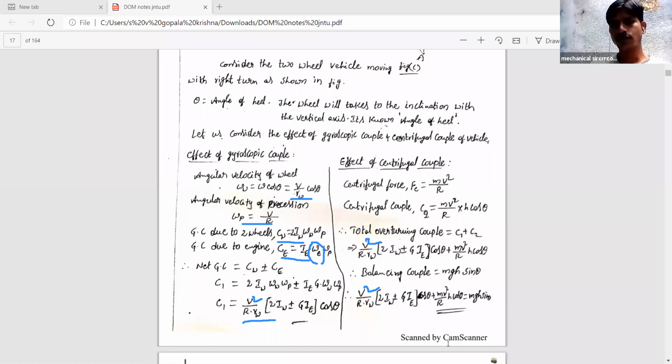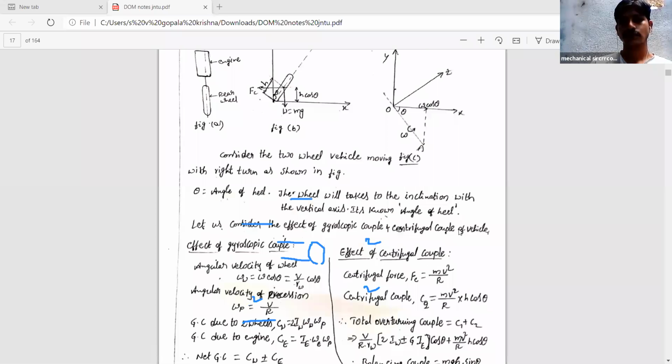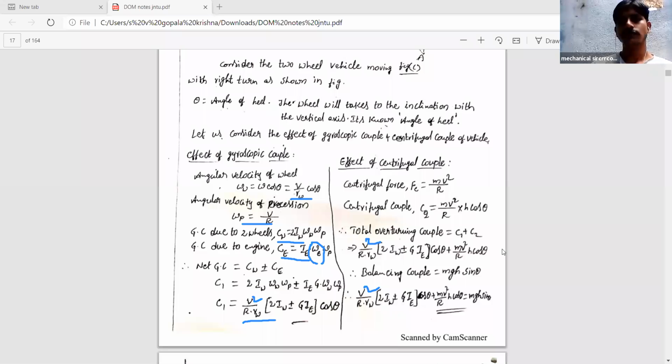Please unmute your mics and raise the queries in our derivation part. Roll number 351, just unmute your mic only. Please turn off your cam. Please raise the queries. Number 302 and 376, please respond.